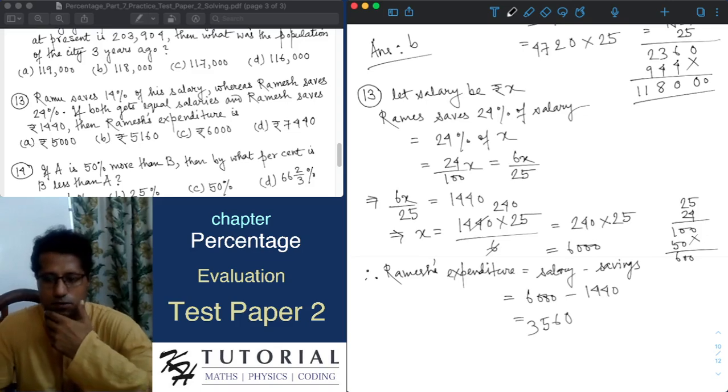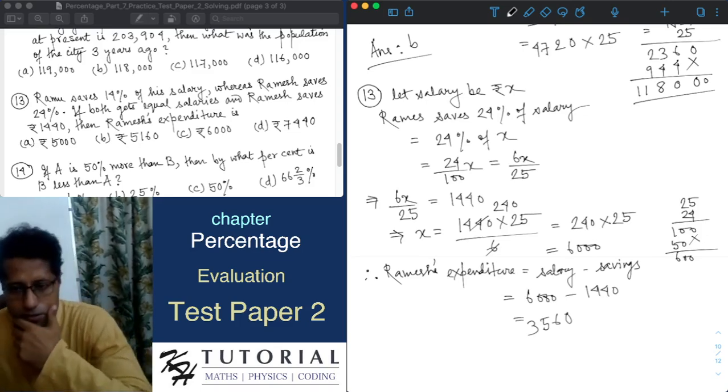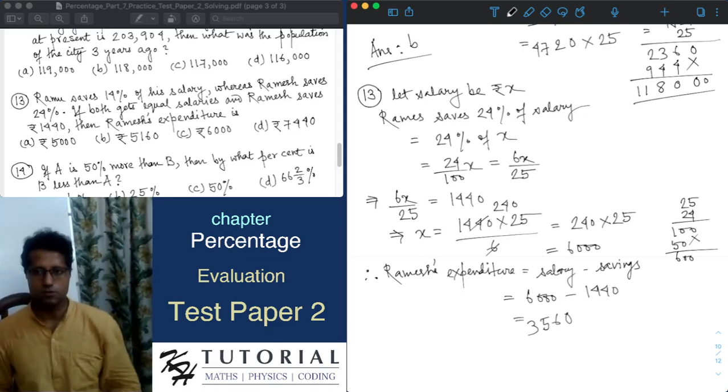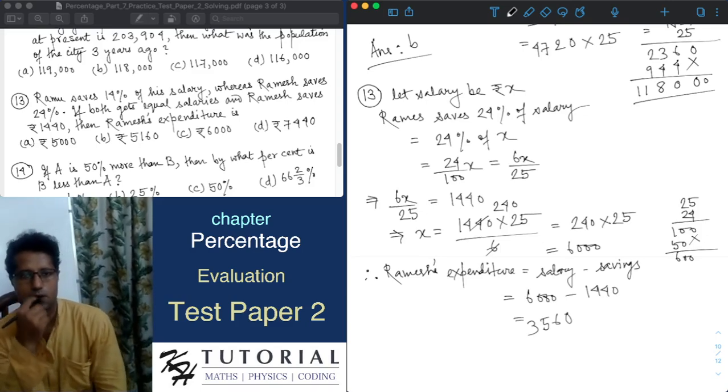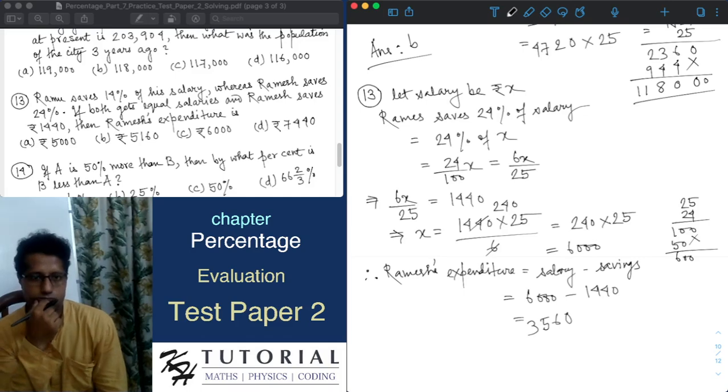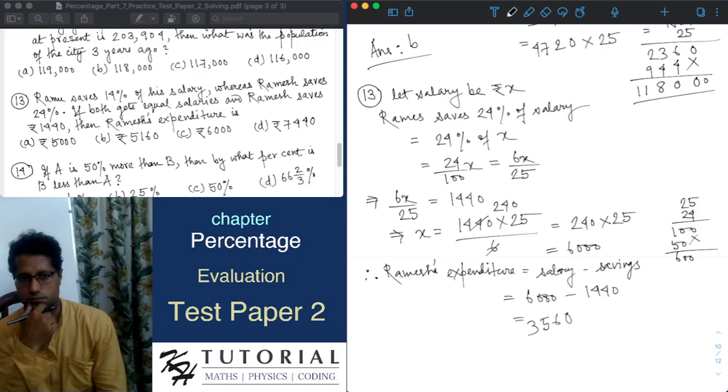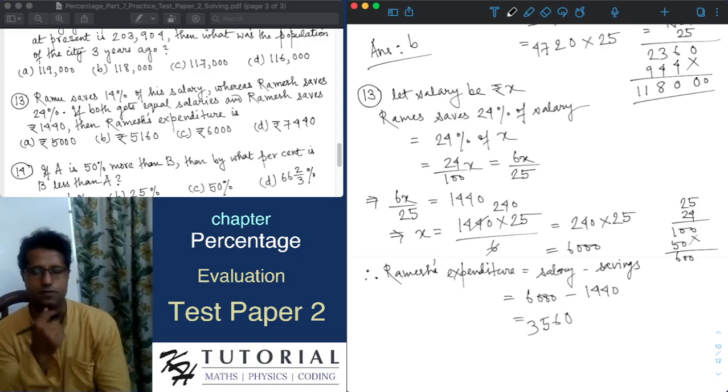Then Ramesh expenditure, X is found to be 6,000, and X is the salary of both. Ramesh saves rupees 1440, and it is asking then Ramesh expenditure is. Expenditure will be salary minus savings.